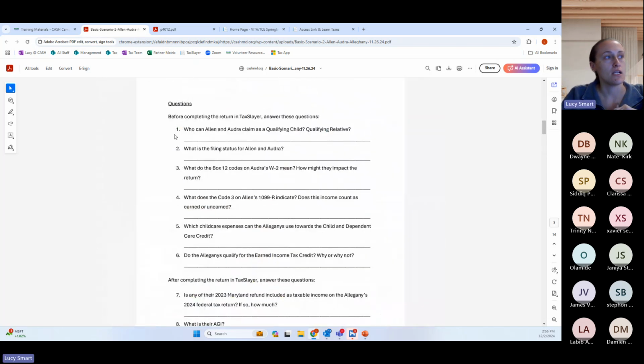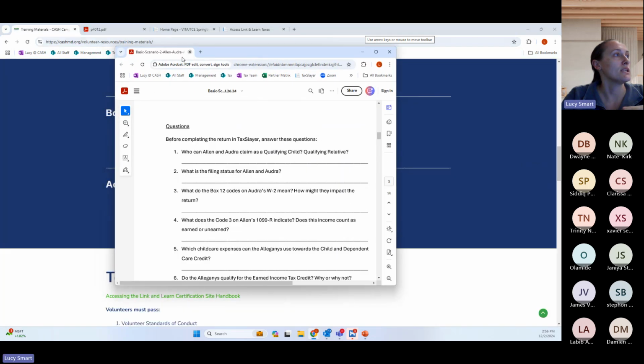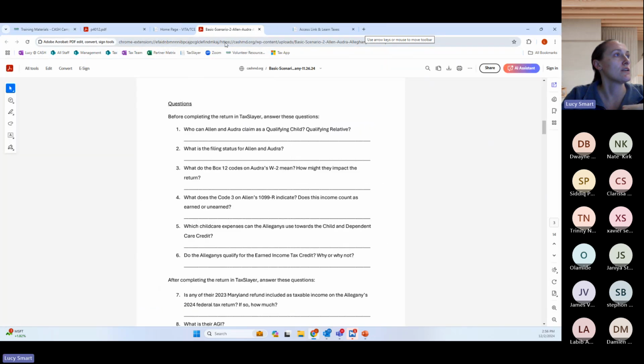So before we go into tax layer, we still need to do 2 more things. Determine who they can claim as a qualifying child or qualifying relative and their filing status. So let's see if we can do a little screen splitting here.